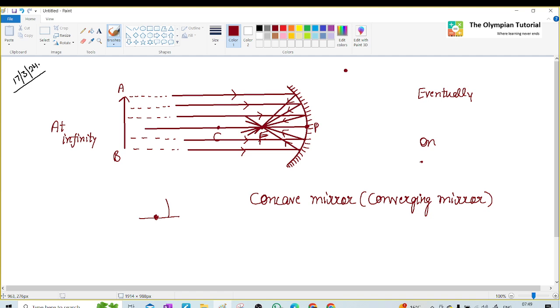No need to write, I am only telling you. The heat produced due to this concentration of sunlight ignites the paper. The distance of this image from the position of the mirror gives the approximate value of the focal length of the mirror.